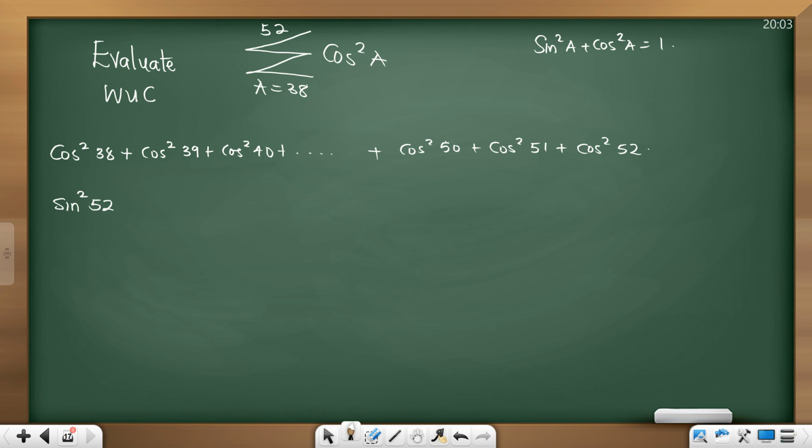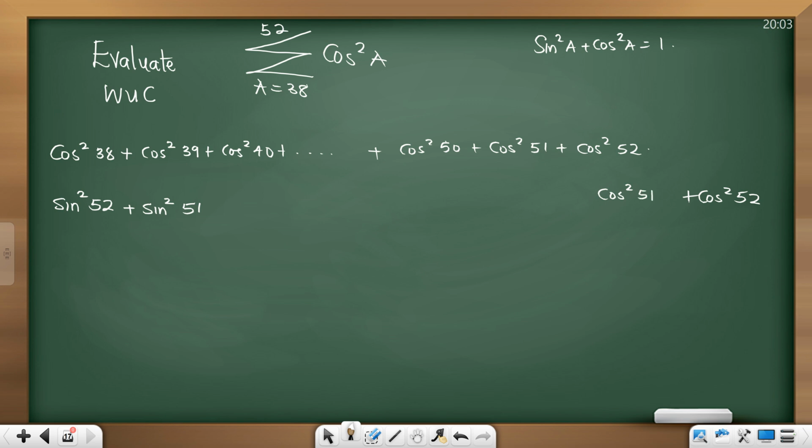Look at the end. What do I have at the end? Cos squared 52. I'm not changing. Already I have 1, because sine squared theta plus cos squared theta is 1. Now change 39. What would it be? Sine squared, what is 90 minus 39? 51. Are you aware that I have a cos squared 51 at the end?